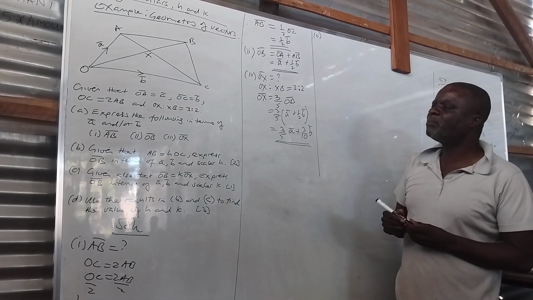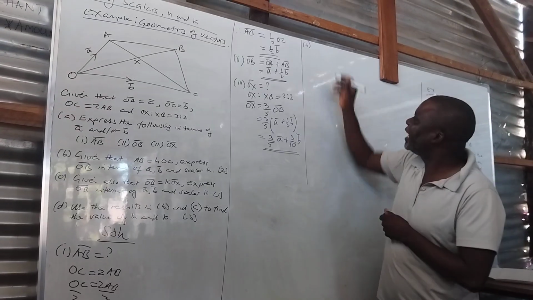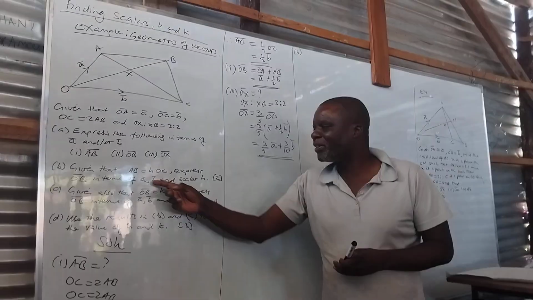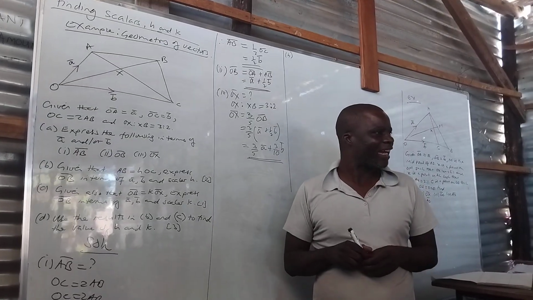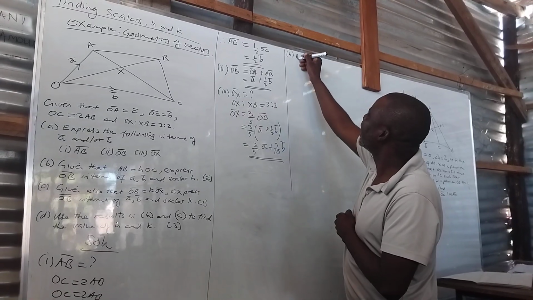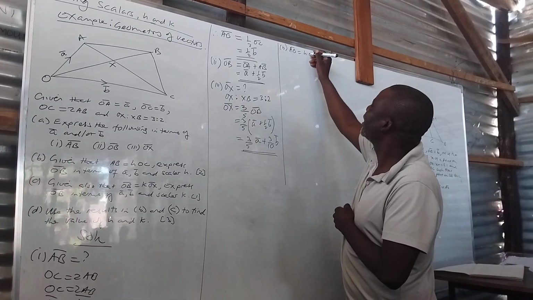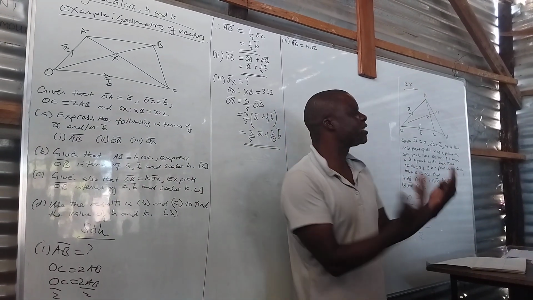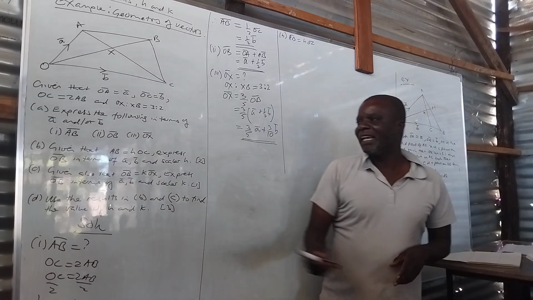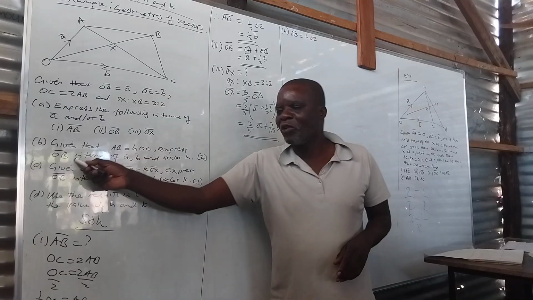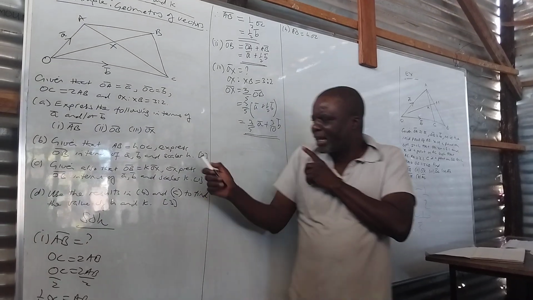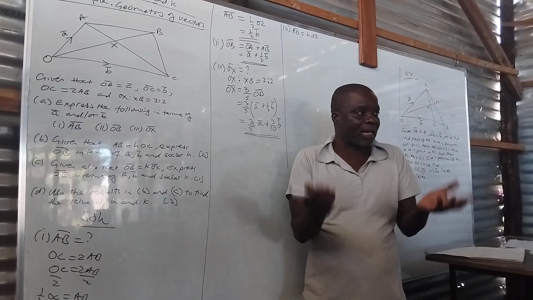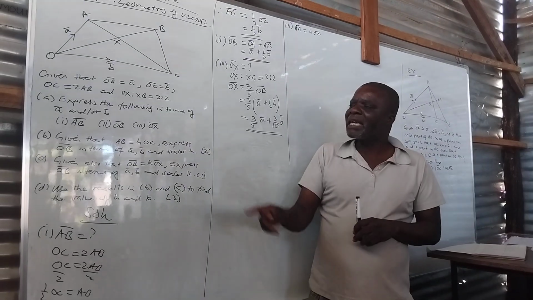Given that AB is h OC, express OB in terms of vector A, vector B, and scalar h. Here they give AB and ask for OB, and in your answer you must have h.